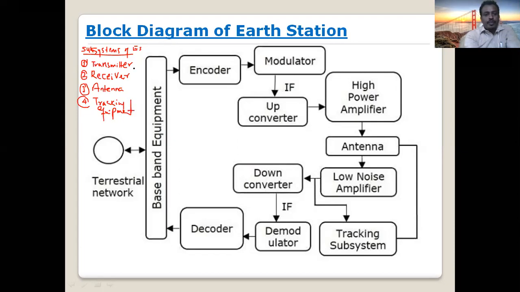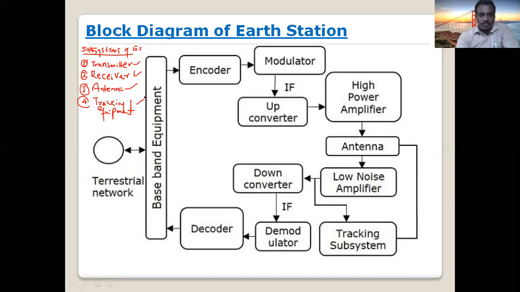In some books they make it 5, including the power supply unit, but let's consider 4 subsystems: the transmitter subsystem, receiver subsystem, antenna subsystem, and tracking equipment. All these are subsystem components of the Earth station.